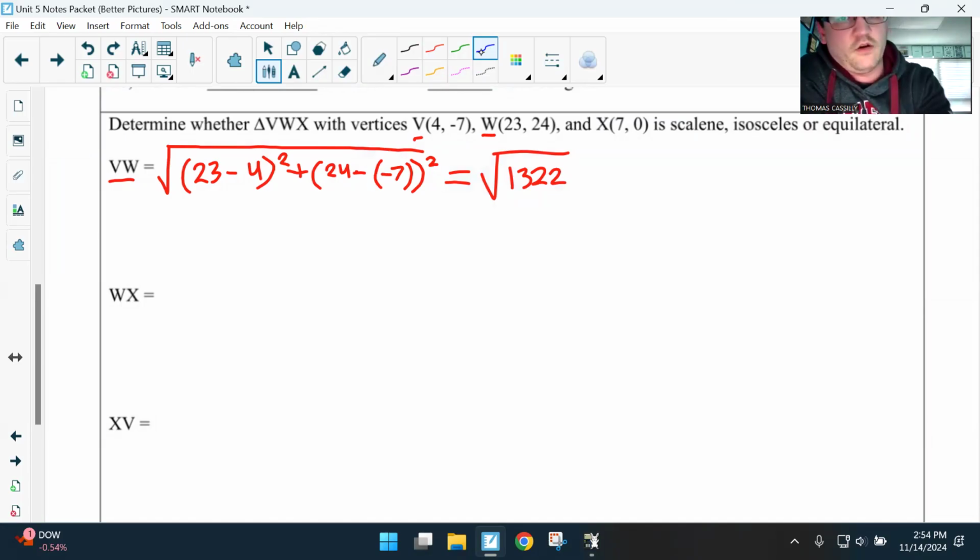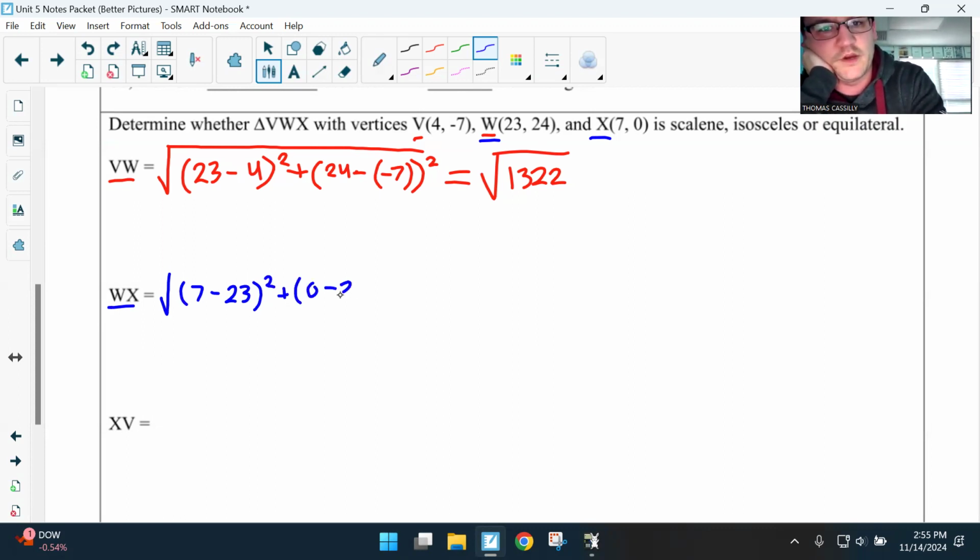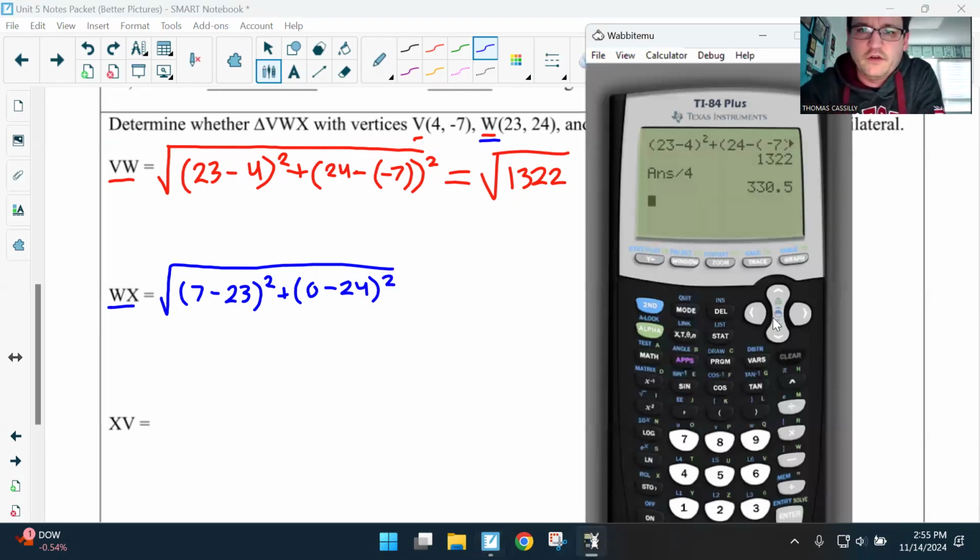All right, so now on to the next one. We have to use point W and point X. So this is the square root of the difference of the x's. So 7 minus 23, put that whole thing in parentheses, squared plus, do the same thing with y values, 0 minus 24, parentheses, and then close up the square root. And then again, if you want to punch it all into your calculator, you can do that.